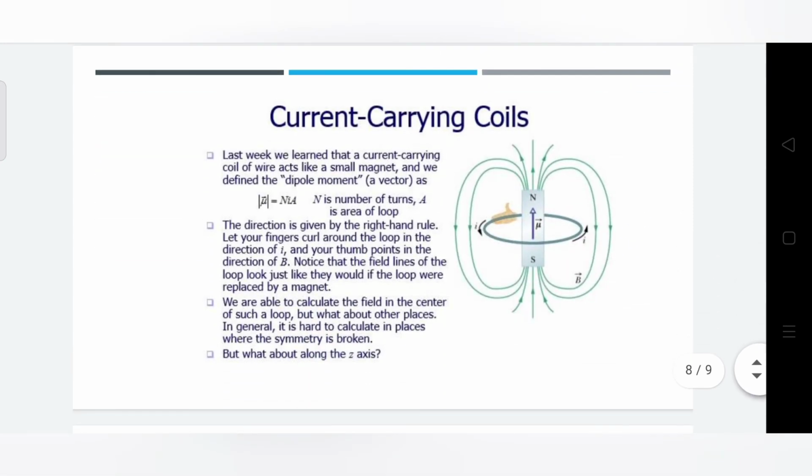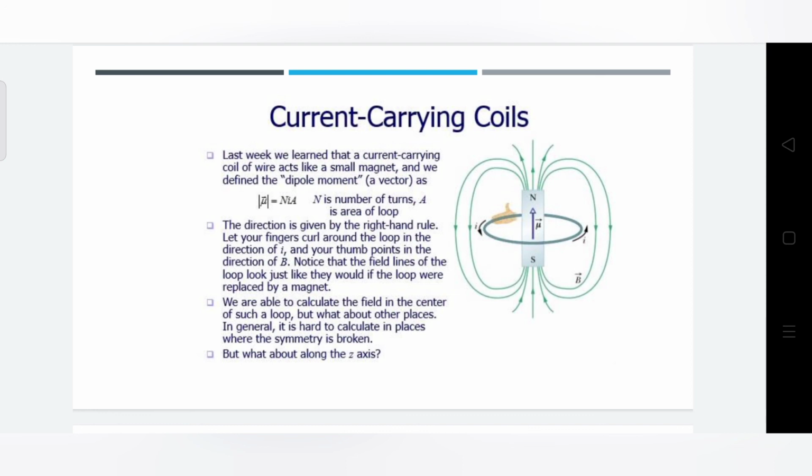Next, current-carrying coils. We learned that a current-carrying coil of wire acts like a small magnet, and we define the dipole moment as the modulus of mu equal to N I A. We are able to calculate the field at the center of such a loop, but what about other places?